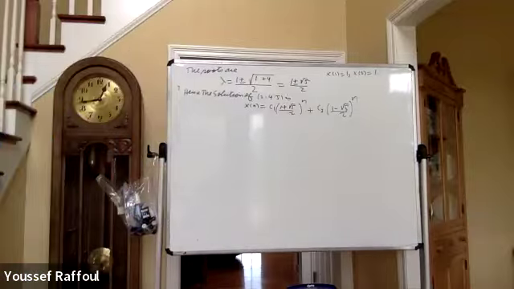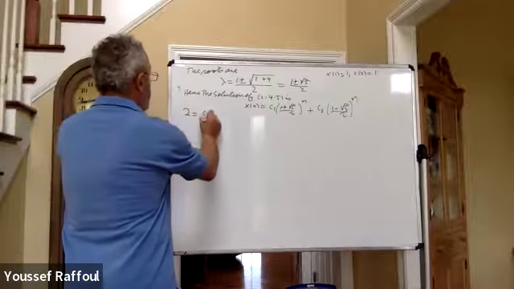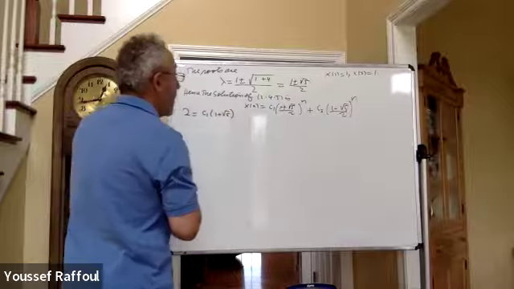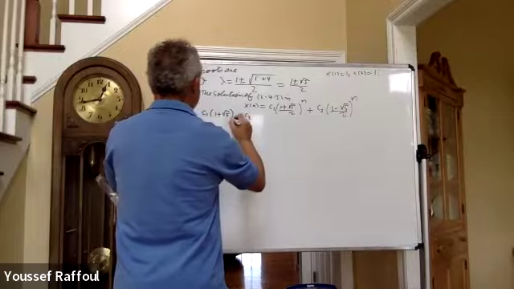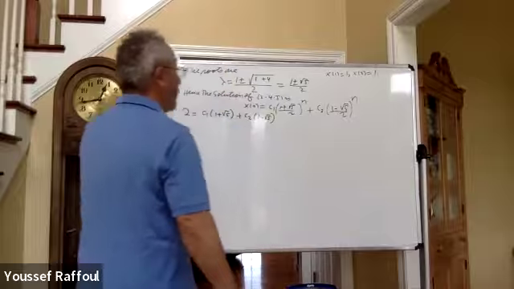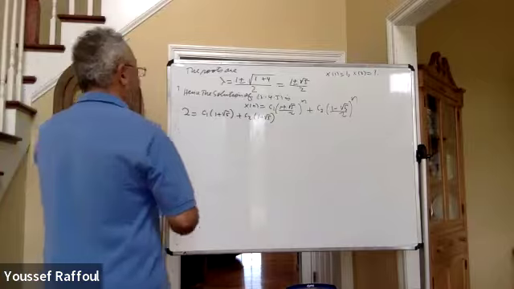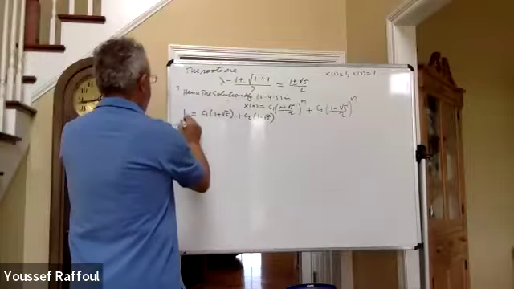So I'm going to have 2 equals C1 times (1 plus square root of 5) plus C2 times (1 minus square root of 5) for n equal 1. For n equal 1, I have 1.